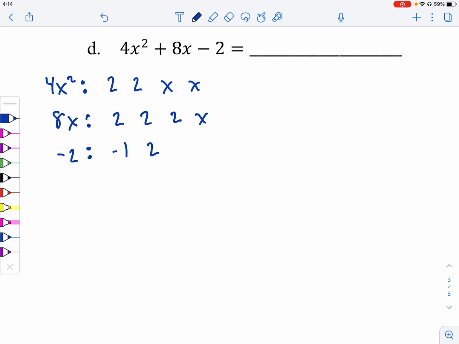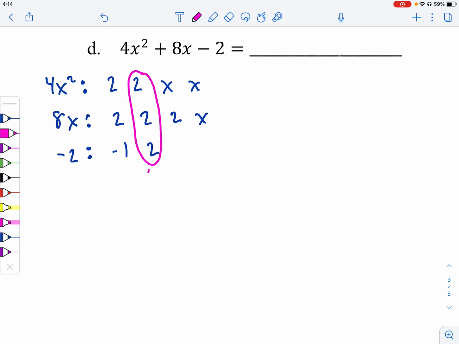Then we look at what's common. Between all of them, remember, they all have to have the same factors. The only thing that's common between all of them is 2. It must be common with all terms.